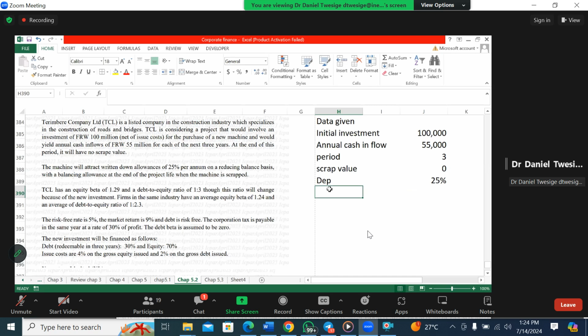Then we have an equity beta, which is 1.29.